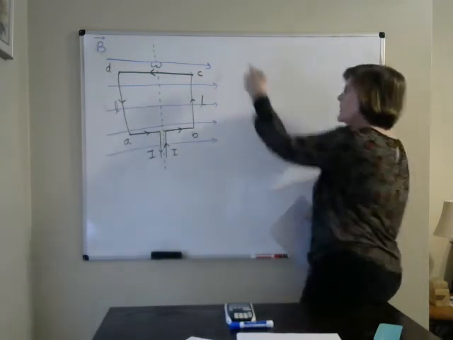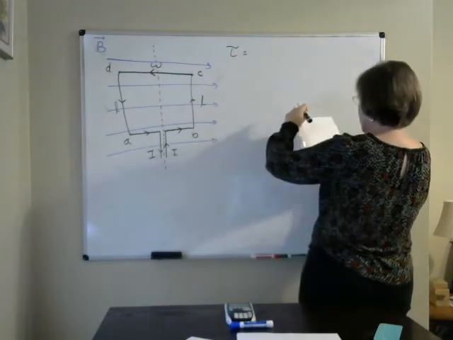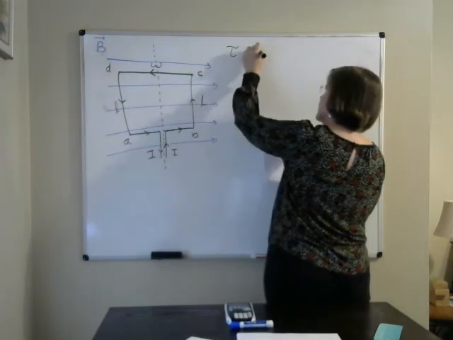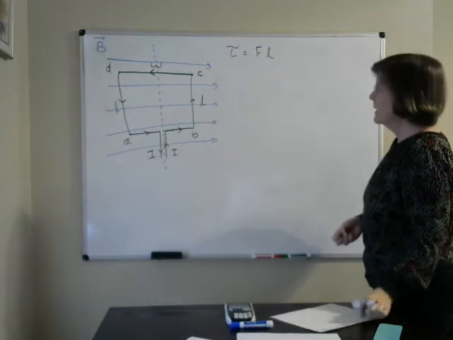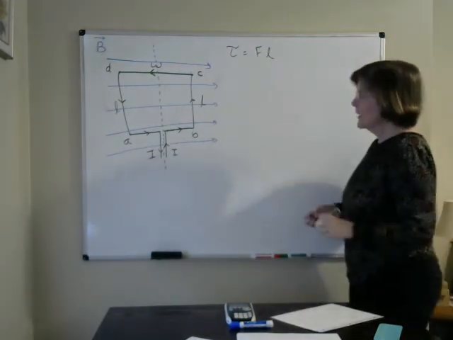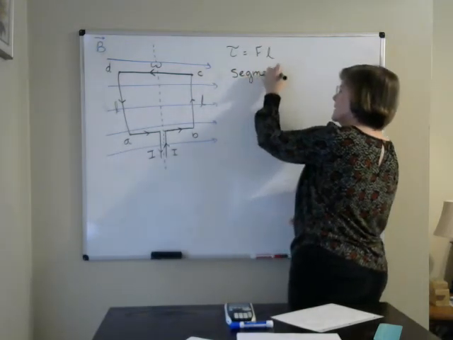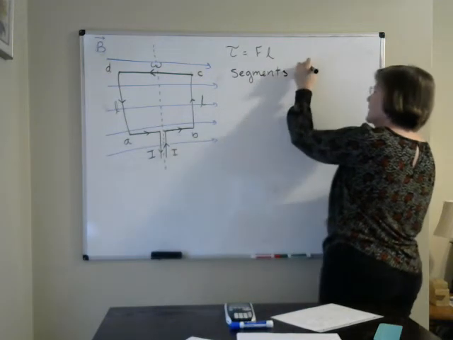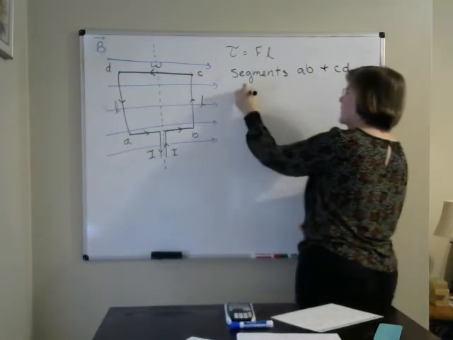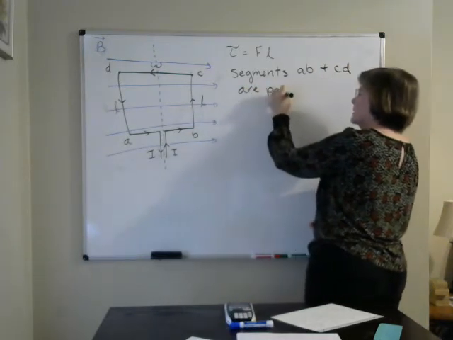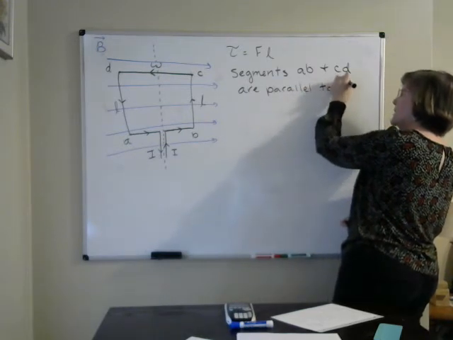Well, remember what torque is? Our torque, in this case, is going to be our force times our lever arm. So, first of all, we recognize that segments AB and CD are parallel to the magnetic field B. What's that mean?